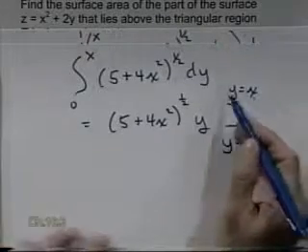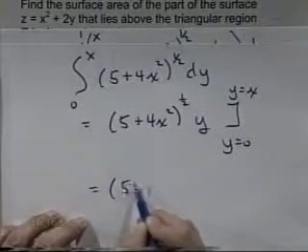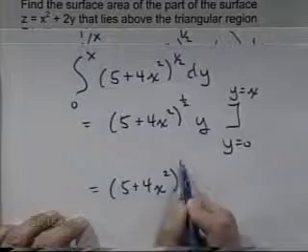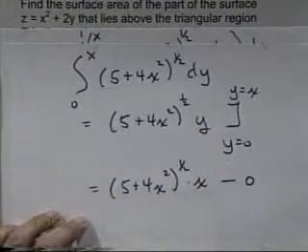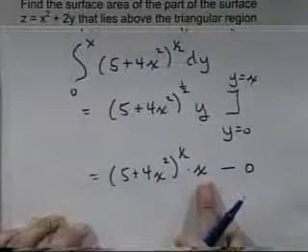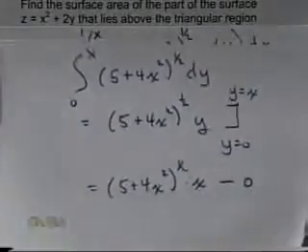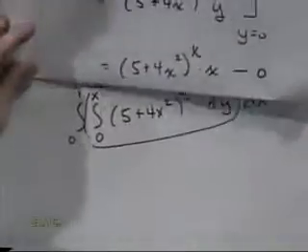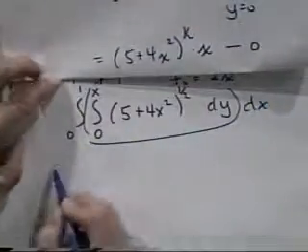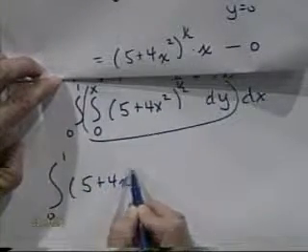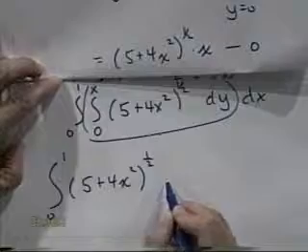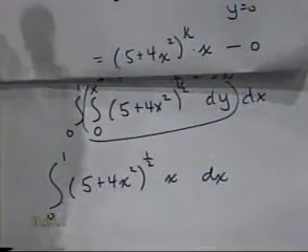And you're going to plug an x in for y. And when you plug in a 0 for y, you just get 0. Isn't that nice? So you get this. And I'm going to take this and plug it into the outer integral. And the outer integral is the integral from 0 to 1 of 5 plus 4x squared to the 1/2 times x dx.